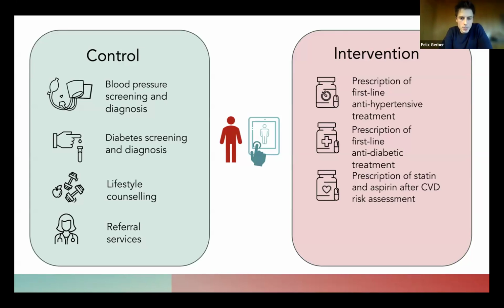The overall study question was to assess whether an intervention with drug prescription by community health workers guided through CHT would lead to superior blood pressure and blood sugar control compared to just a control approach with referral.